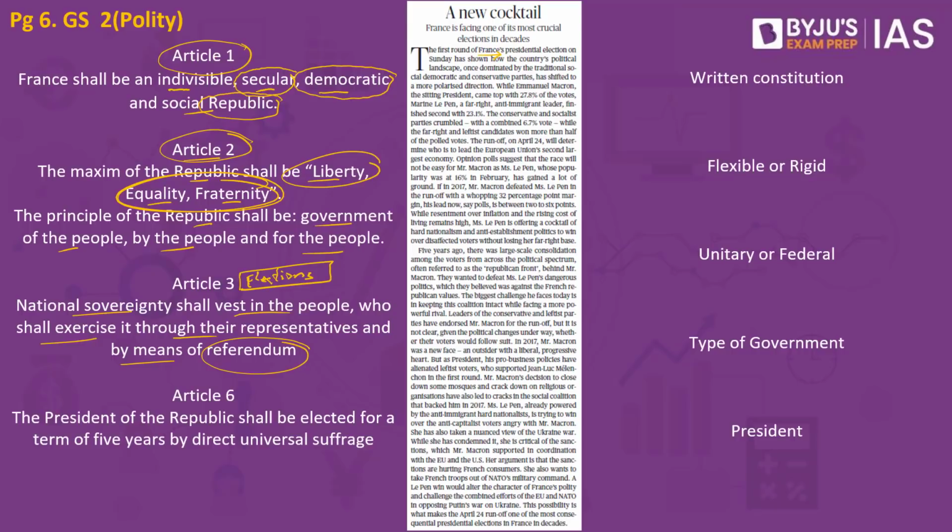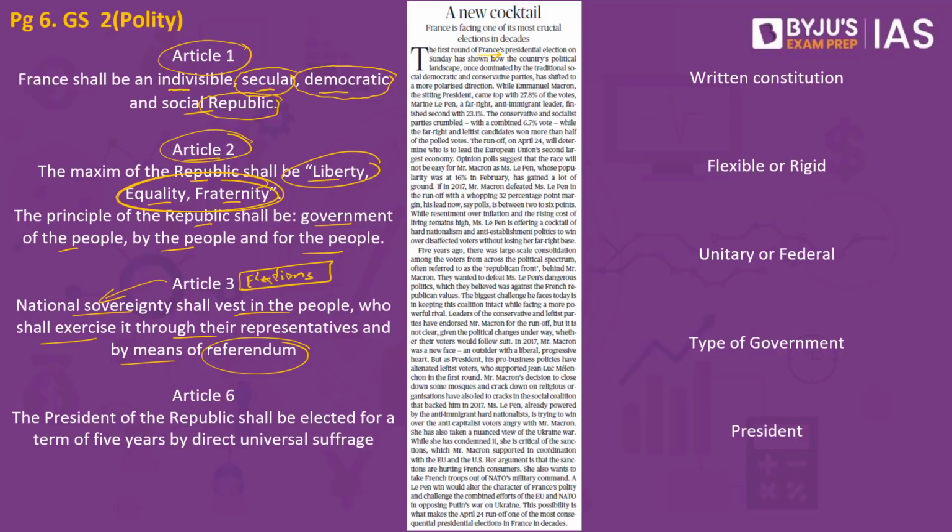Even in the Indian Constitution, the preamble says we the people of India. So the sovereignty in Article 3 of the French Constitution is with the people. It means that it is the people who vote for the representatives, and the representatives represent these people. Ultimately, the system of government established and maintained is based on popular consent.